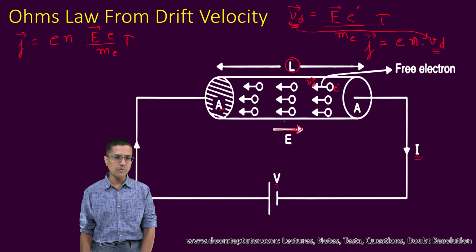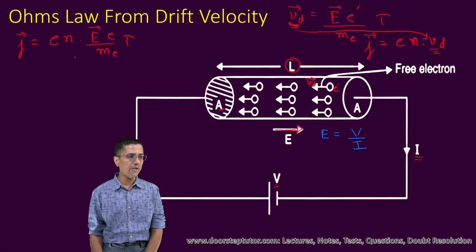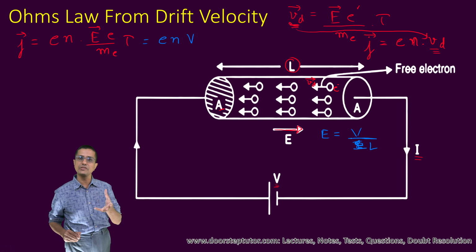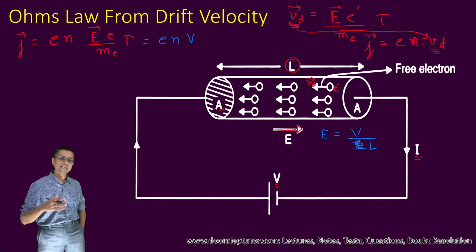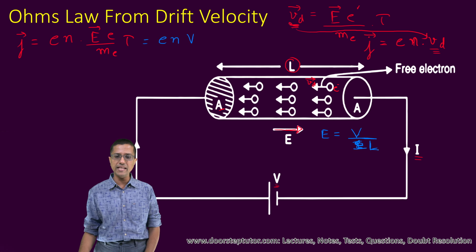The next thing that we will do is that we know that for the conductor and the uniform electric field, E is actually equal to V by L. This is something we already know. We are going to replace this E here, so this becomes e n V by L, sorry, not V by I. Because the electric field is uniform, the electric field is equal to V, the voltage applied across the conductor, divided by the length L of the conductor.